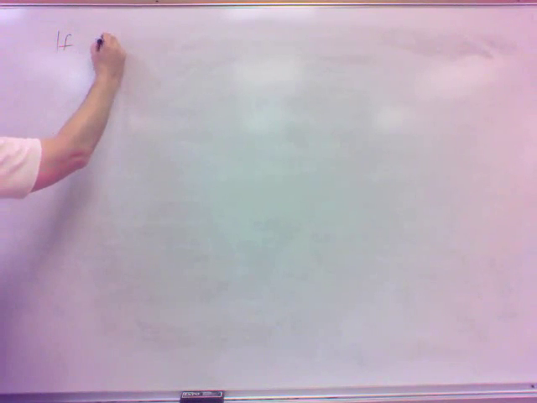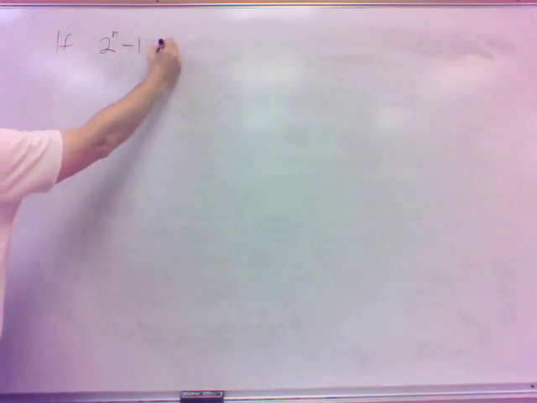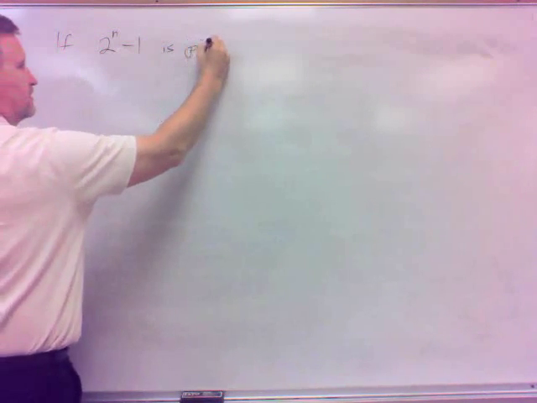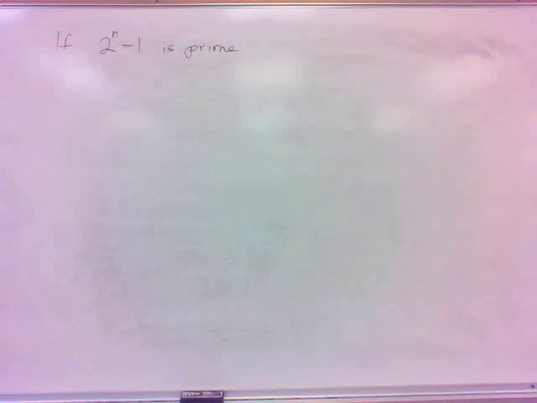If 2 to the nth power minus 1 is prime, that's a Mersenne prime, right? 2 to the n minus 1, that was our Mersenne prime format.